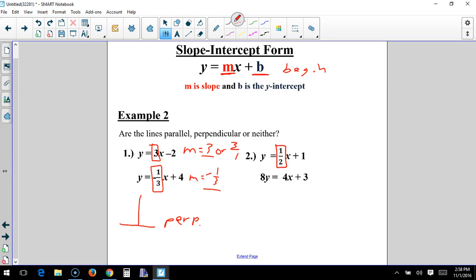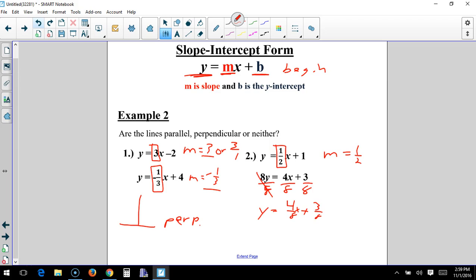What's the slope on this one? Oh, 1/2. What's the slope here? 4. No. Can't do that. Why? Because we don't have y by itself. We have 8 y's. We want 1 y. So we need to divide by 8 across the board. Y equals 4 over 8 x plus 3 over 8.